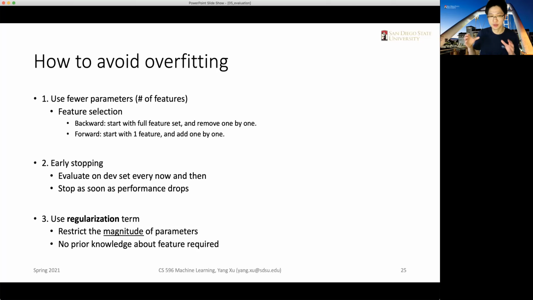We want to set a limit on how large the parameters can be. The advantage of such a technique is that we don't need a lot of prior knowledge about the features, right? We don't need to know what kind of features we're using. We just set a limit on how large those parameters can be.